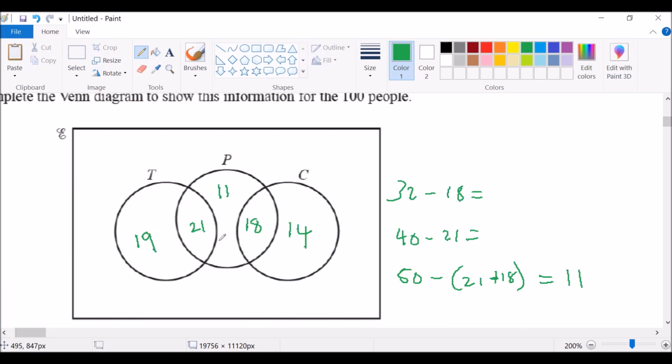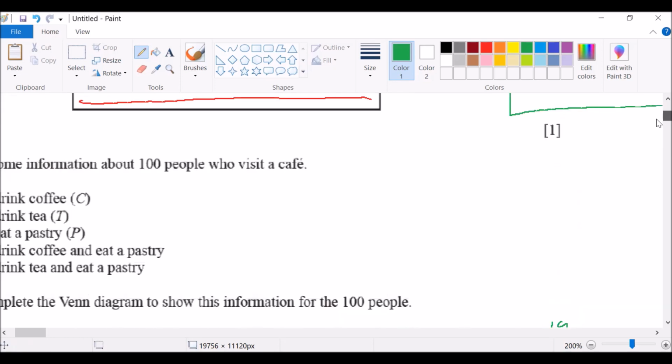So 11 people here. Now let's add, because some people may get into the restaurant and do nothing. They should be out here. 19 plus 21 plus 11 plus 18 plus 14, we get 83. But we are told 100 people visit a cafe.